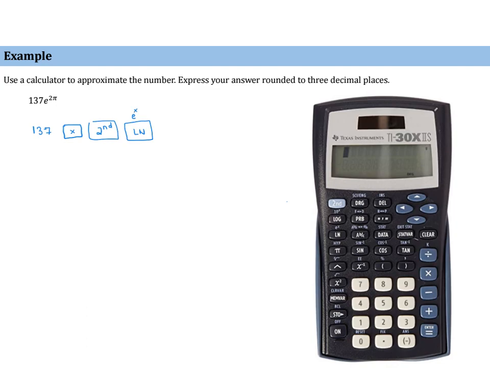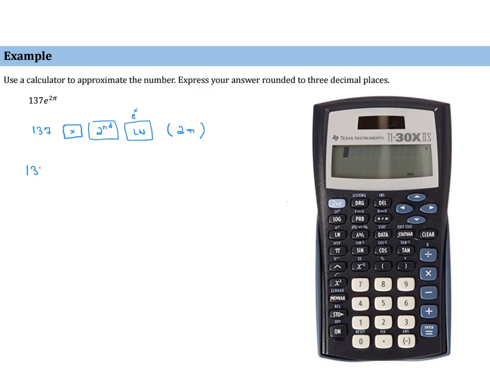And then we're going to use a parenthesis. Then we're going to press 2. And then pi is right under the ln key, so we can press pi. And then we're going to close our parenthesis. And then we will round to 3 decimal places.